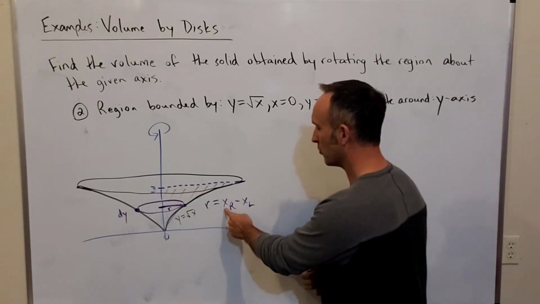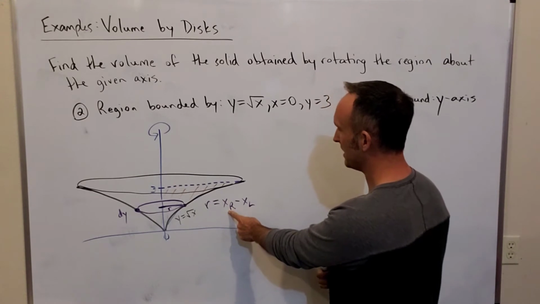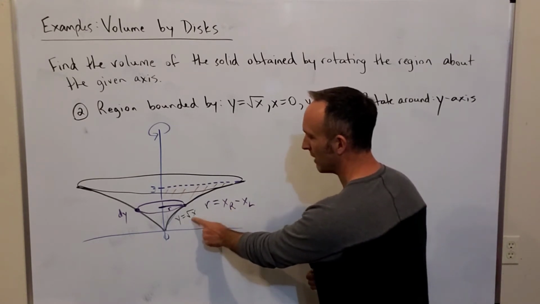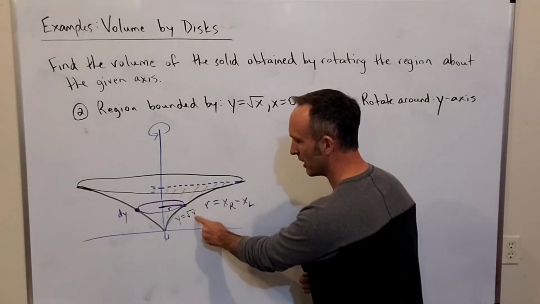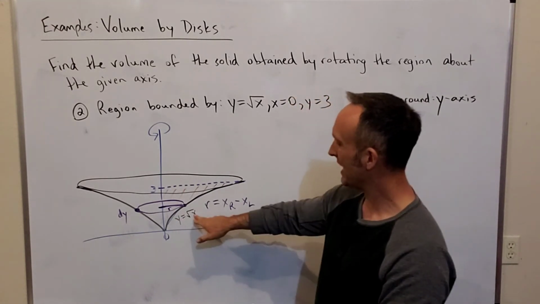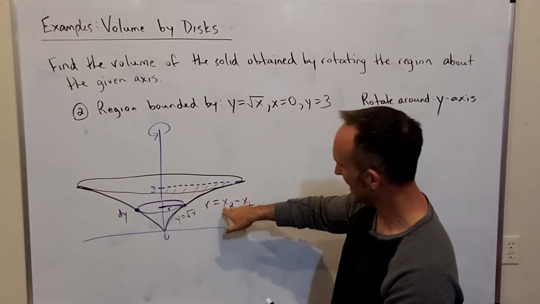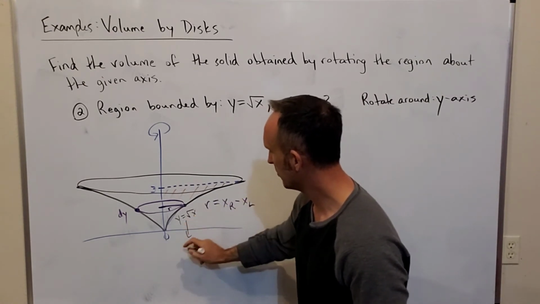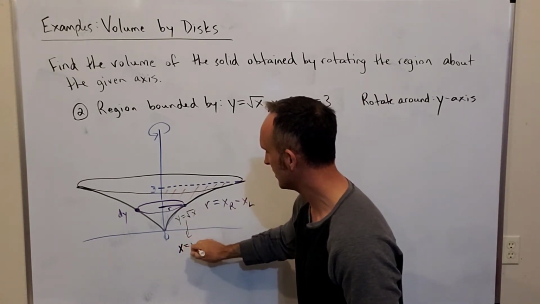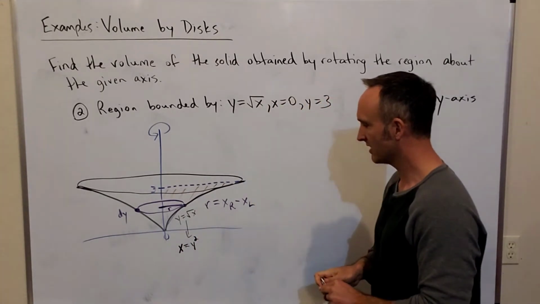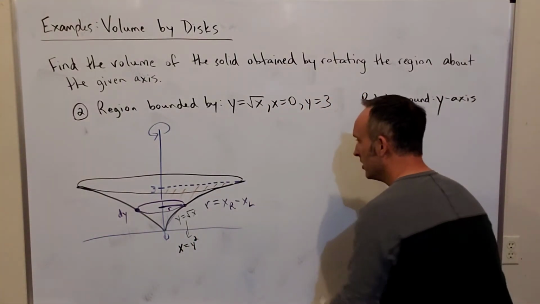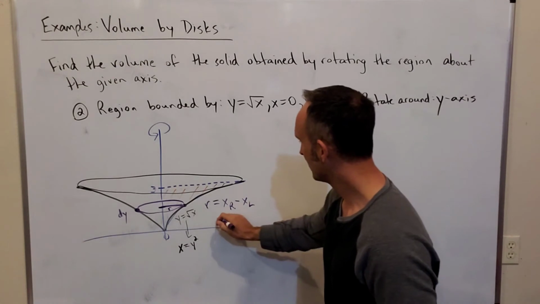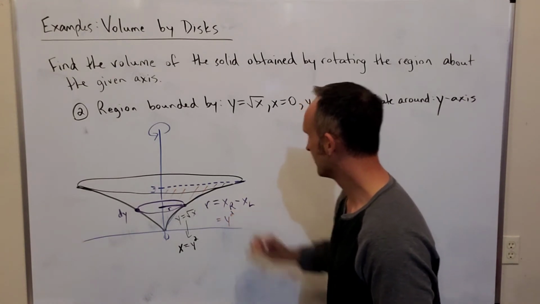I need my rightmost x to be in terms of y. So that means I need to solve this for x, right? I need to know what x is because I need x values here, but they're written in terms of y. So this guy, if I square both sides, I can see that x is the same thing as y squared. So my rightmost x is y squared, right?